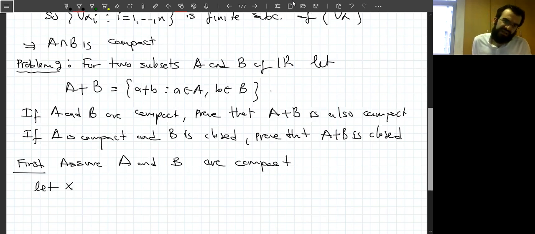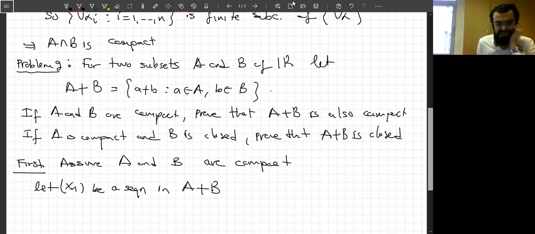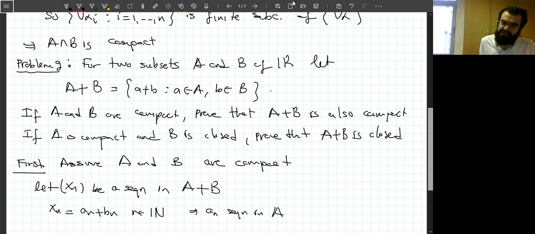Let x_n be a sequence. I will use sequential compactness. It is an arbitrary sequence in A plus B. Then x_n is a_n plus b_n, n a natural number, which implies a_n is a sequence in A, b_n a sequence in B.